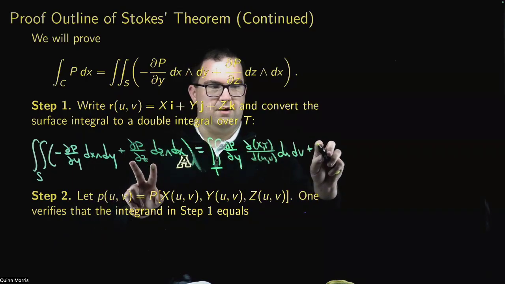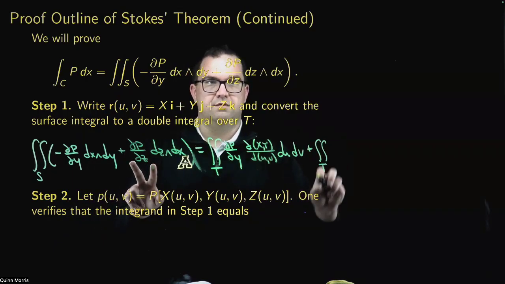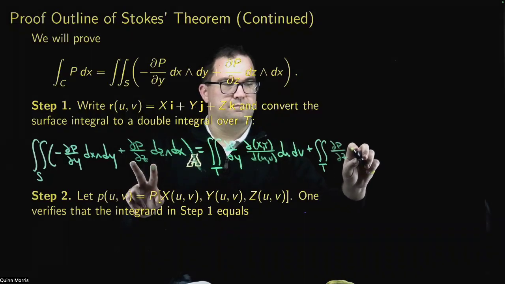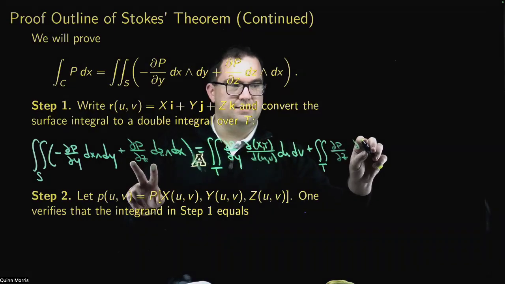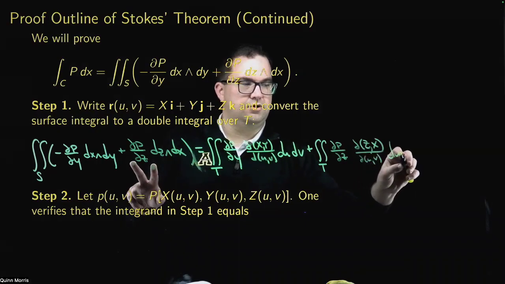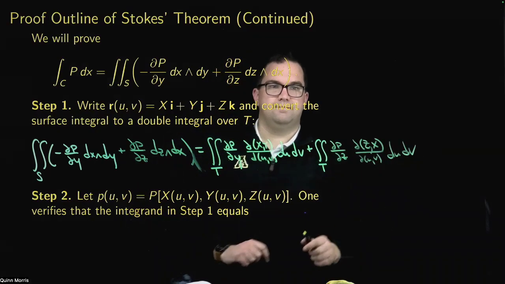And for this term, I'll get a double integral over T of dP/dz, times this quantity ∂(z,x)/∂(u,v), du dv.